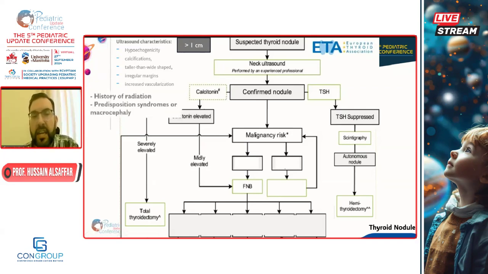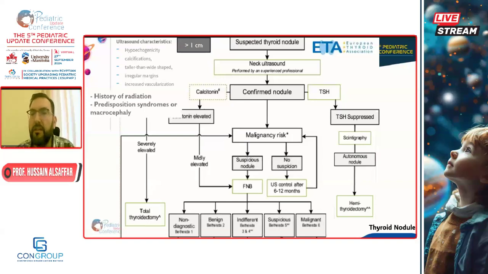In addition, a history of radiation to the head and neck, a history of predisposition syndromes, or macrocephaly. Those are considered to increase the risk of malignancy in that child with a thyroid nodule. If that is the case, it is a suspicious nodule, moving forward to fine needle biopsy. If there's no suspicion, just ultrasound control after 6 to 12 months. So we see the patient once or twice a year with repeat ultrasound, and you just go back into the loop.